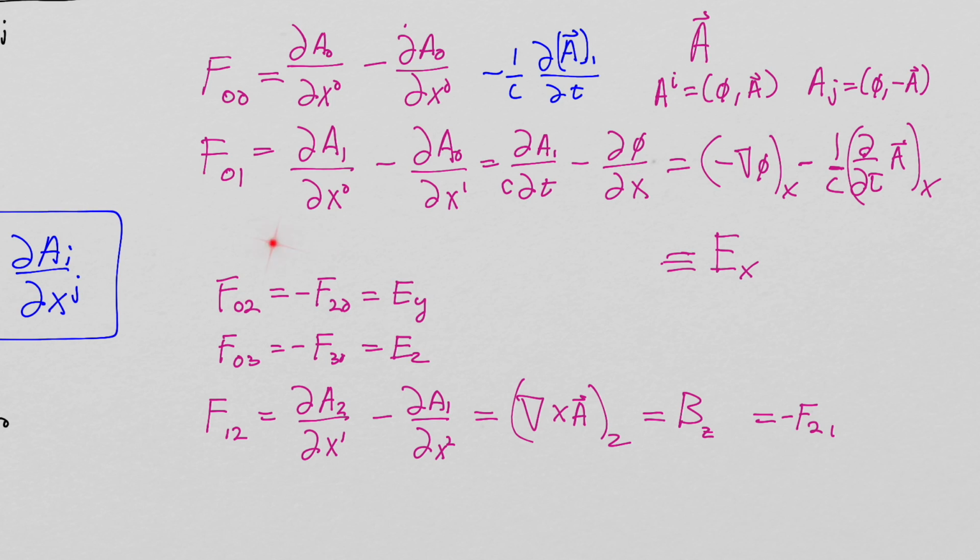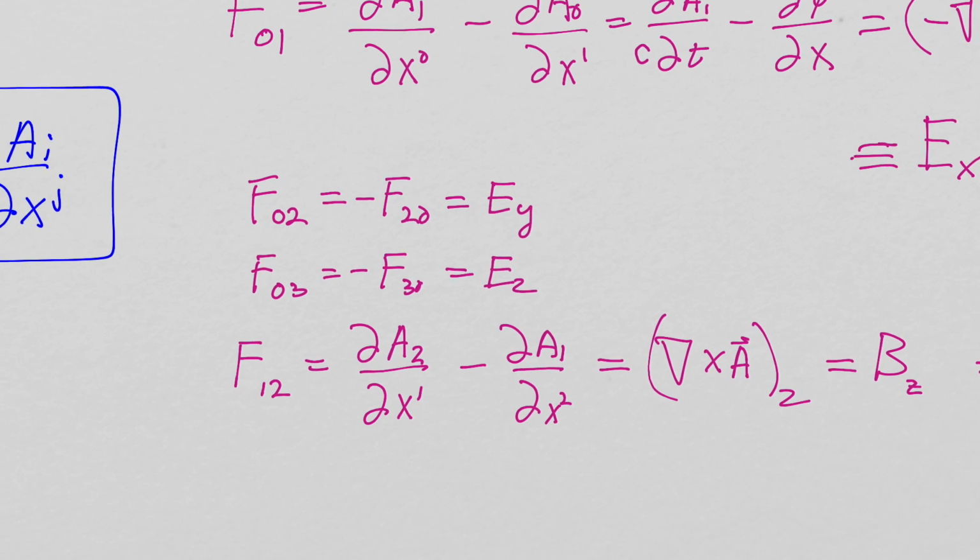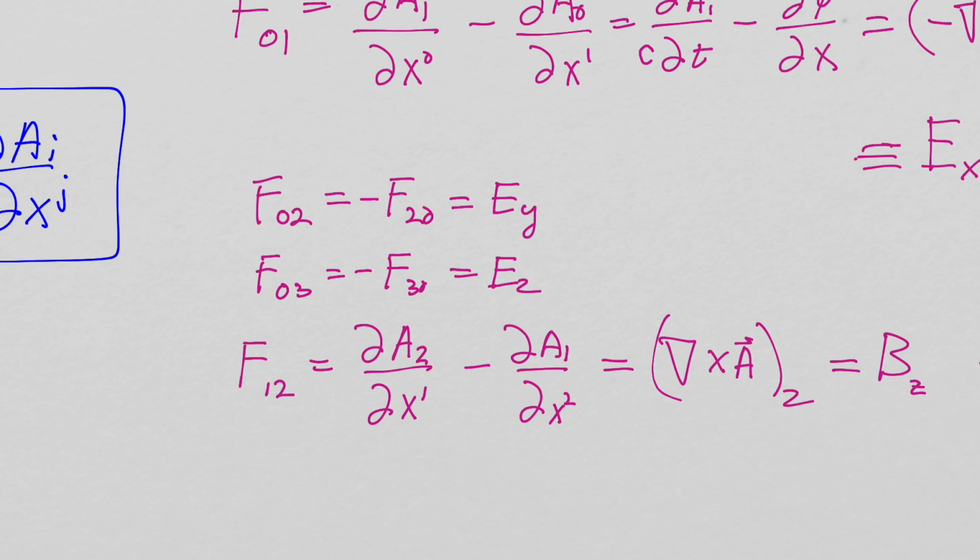And likewise, you can do the same calculation and get the y component and the z component of the electric field. You can realize that it's anti-symmetric, it's not hard to see. And then you can do the same calculation for a space-space component of the tensor. So you get an expression like partial A2 partial x1, minus partial x1 partial A2.